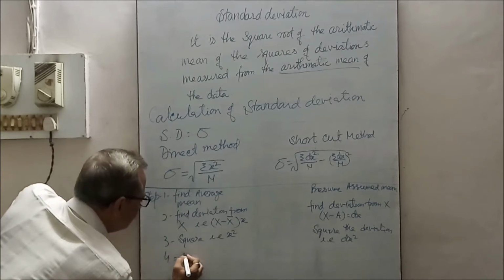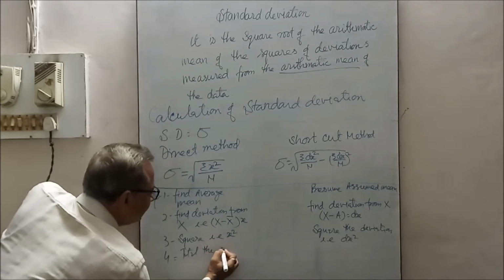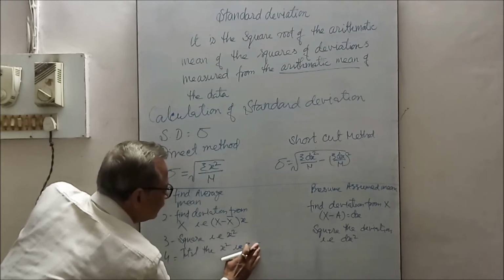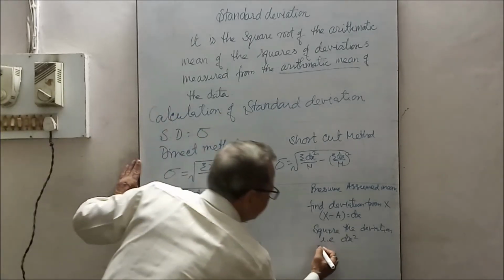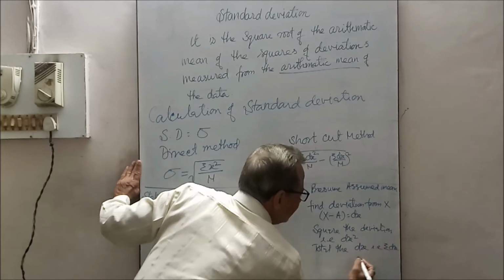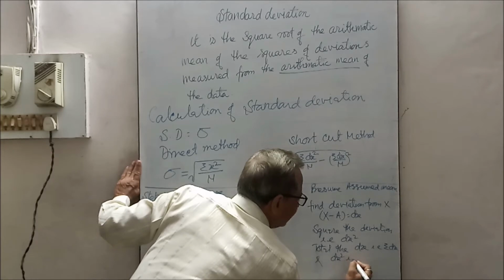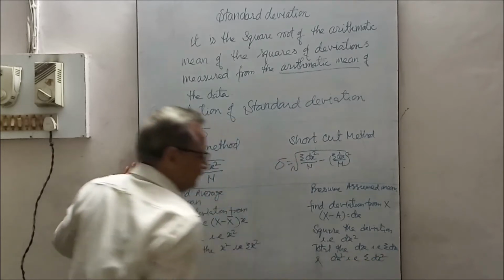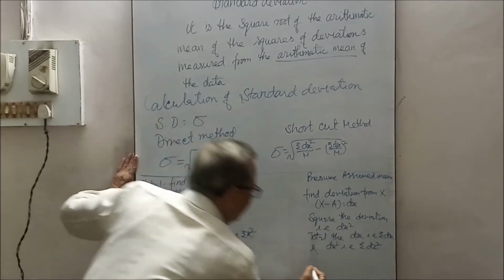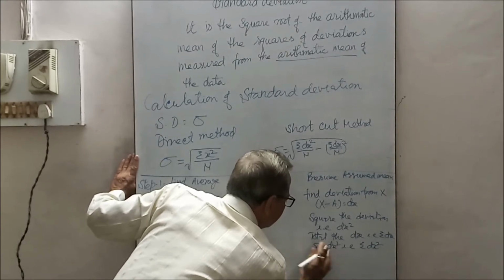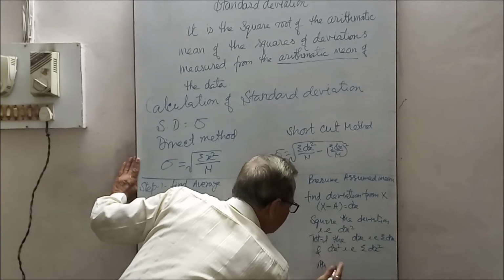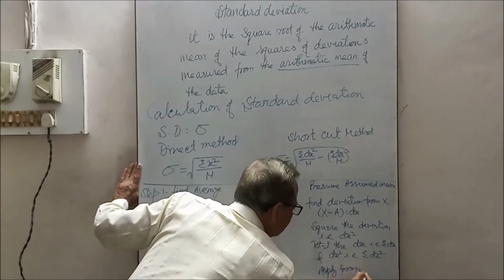Fourth, total the dx and the dx square. And fifth, apply the formula. This is the formula.